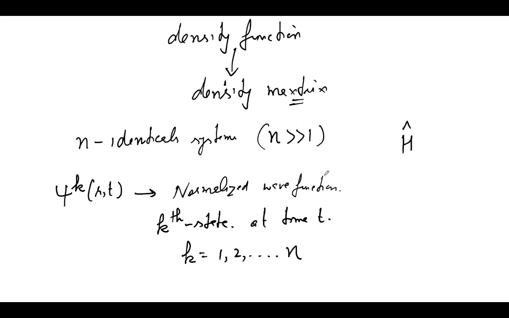Now the time variation of the wave function, from the Schrodinger wave equation, we can write the time variation of psi k (t) equal to H psi k (t).